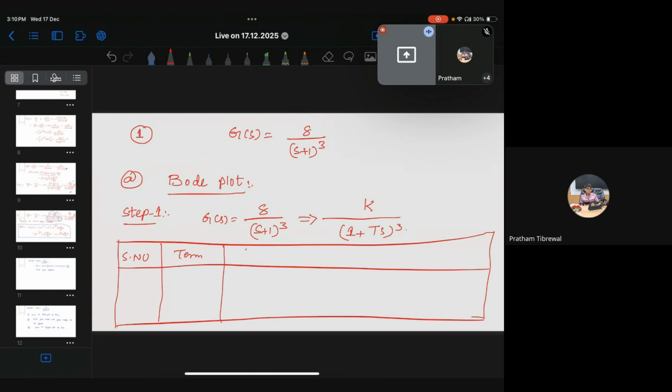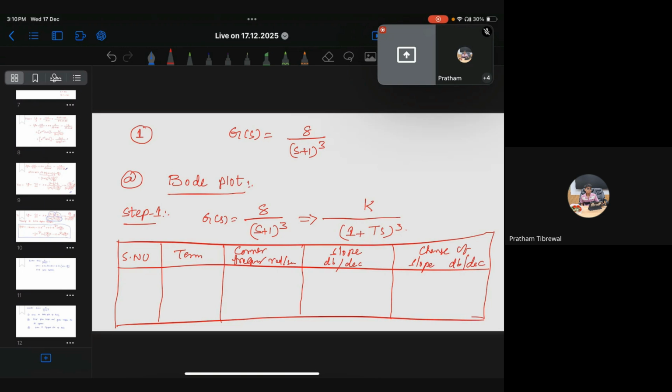Then we take the corner frequency in radians per second. Then we write the slope in dB per decade. Then we find the change of slope, also in dB per decade.